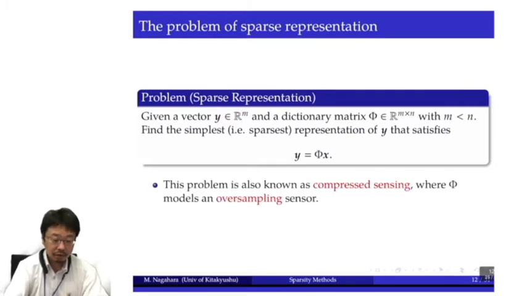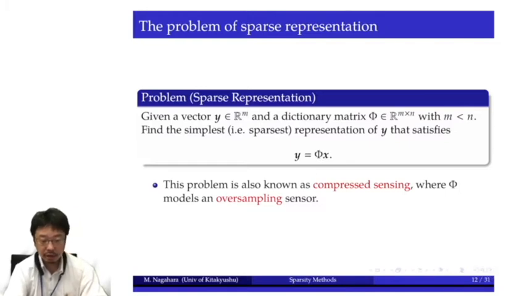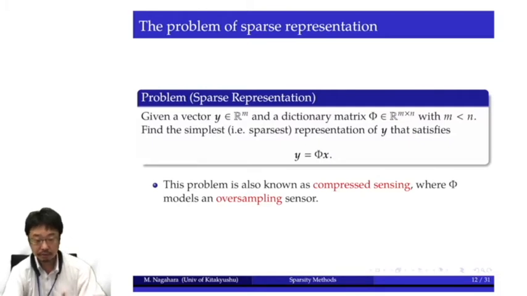This problem is also known as compressed sensing, where phi models an oversampling sensor.